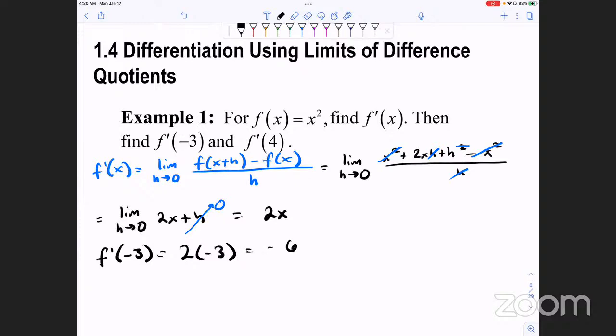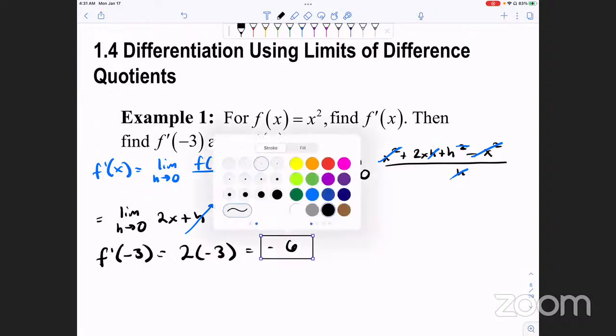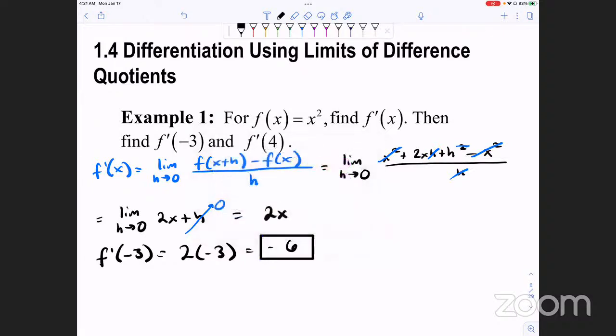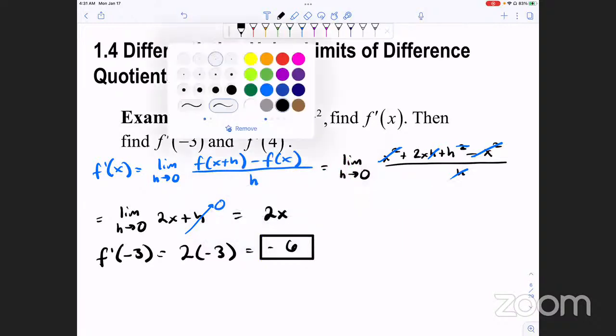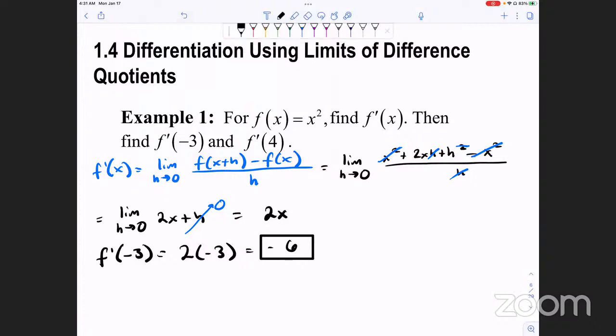So it should have the slope of -6. And f prime of 4 is 2 times 4, which is 8. Okay.